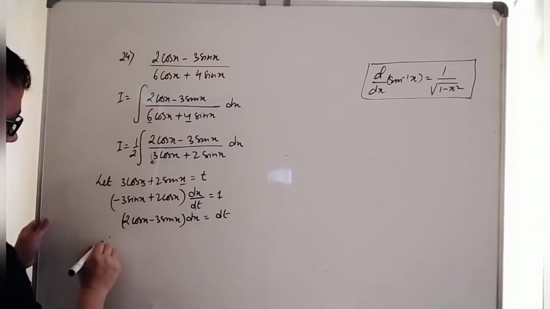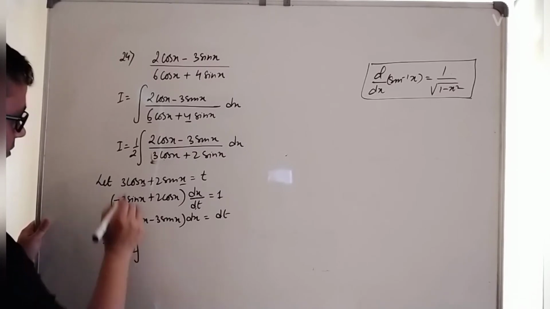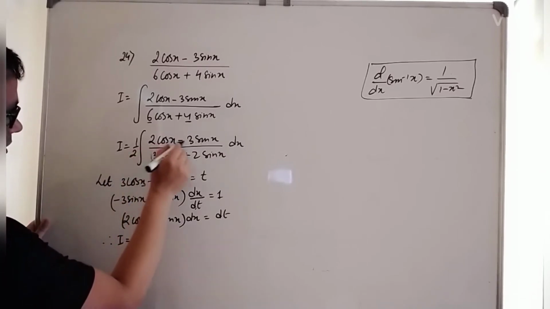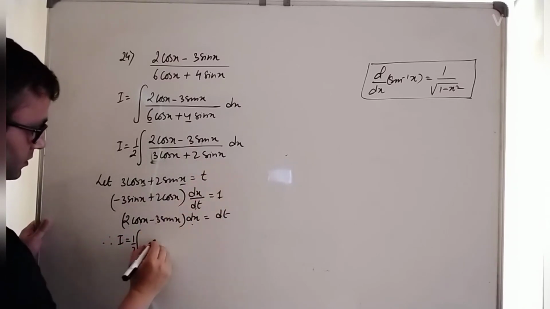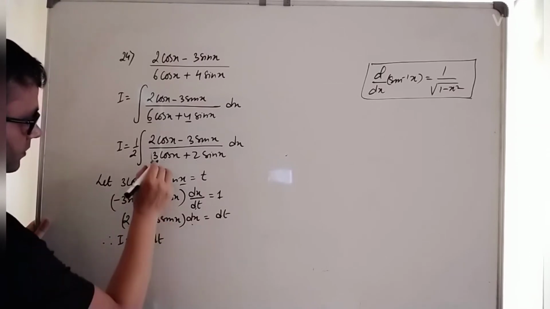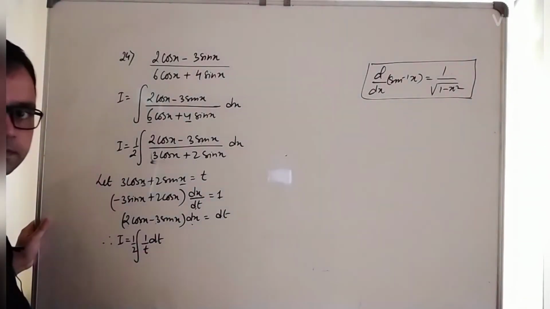So therefore I equals half integration, half is there. So 2 cos x minus 3 sin x dx is dt. So we will write dt here, over 3 cos x plus 2 sin x, which is t.